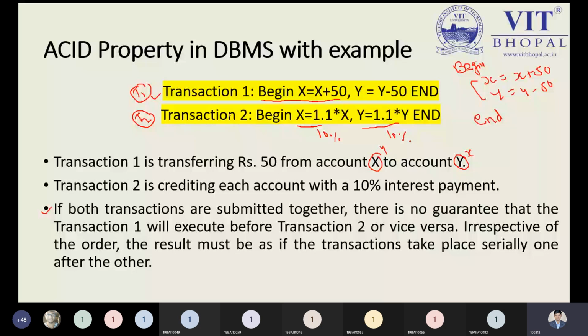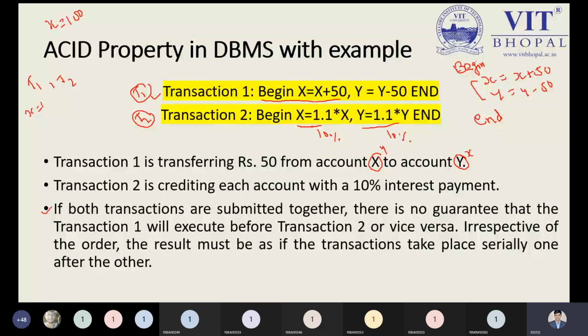Suppose I'm executing the first transaction T1 and then T2. During T1 and T2 in this order, suppose X is 100 rupees.